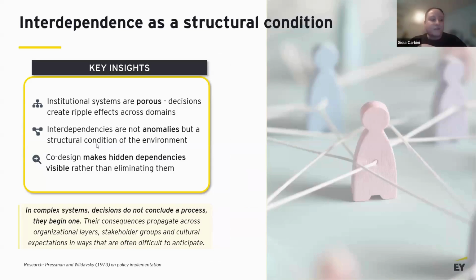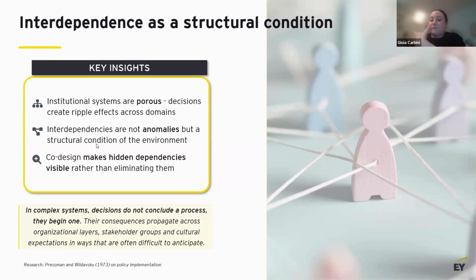One of the causes of that is that we see a third shift, as I mentioned, that concerns the nature of interdependence. Interdependence is a structural condition. Institutional systems are porous, so decisions in one area have effects across different areas, in different domains, in different levels of governance.